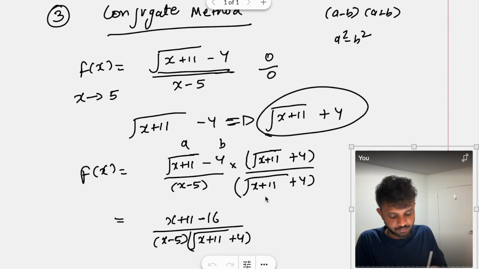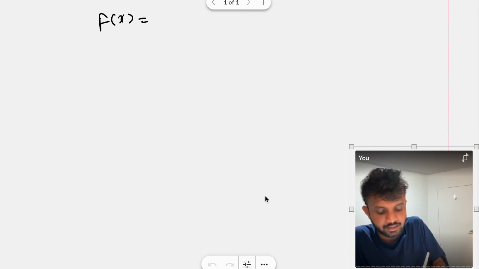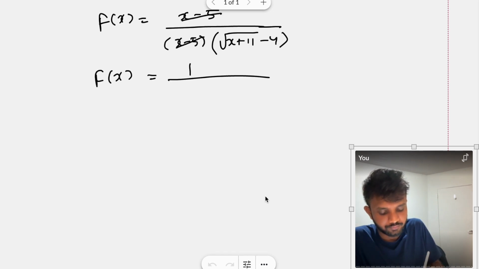Now my f(x) reduces to (x - 5) over (x - 5) into (root x + 11 plus 4). This will be cancelled out. So my final f(x) is 1 over (root x + 11 plus 4).